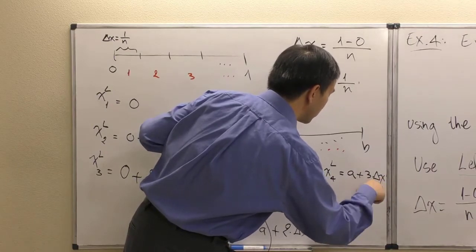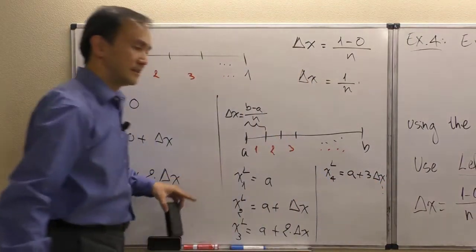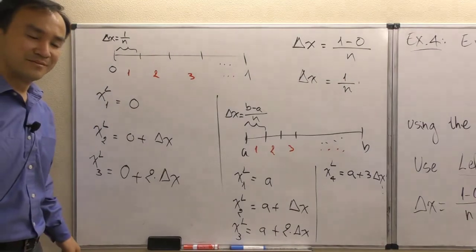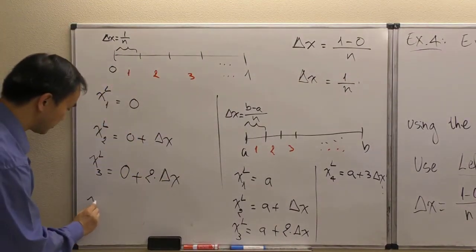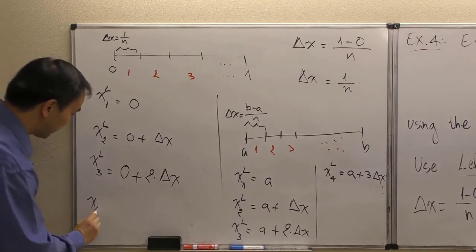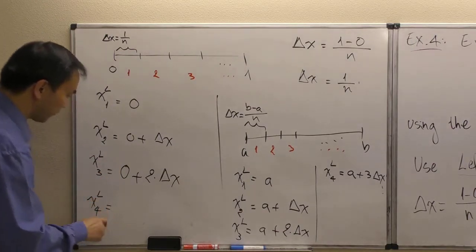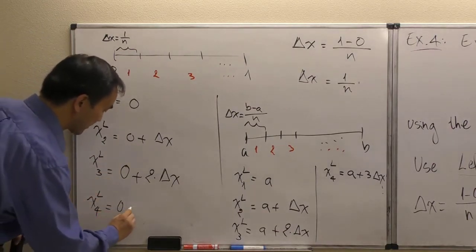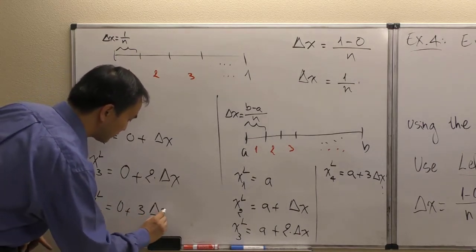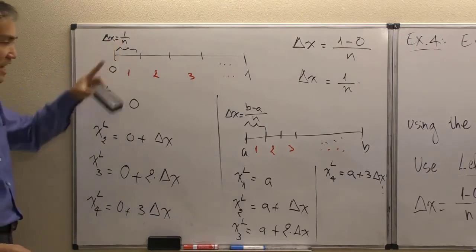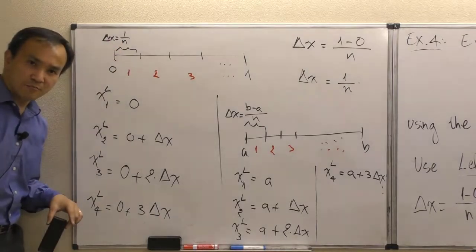Similarly, in our particular problem, at the left endpoint on the fourth interval, the starting point is 0, plus 3 times our current delta x value, being 1 over n in our specific problem.